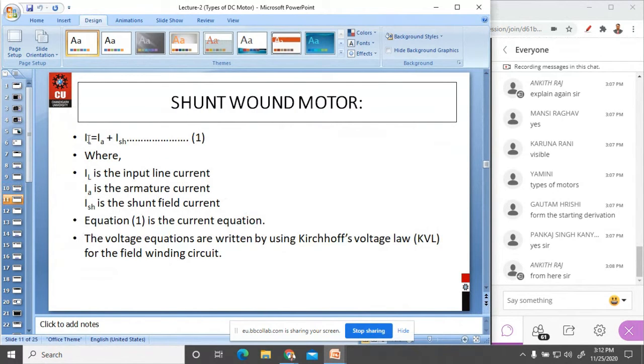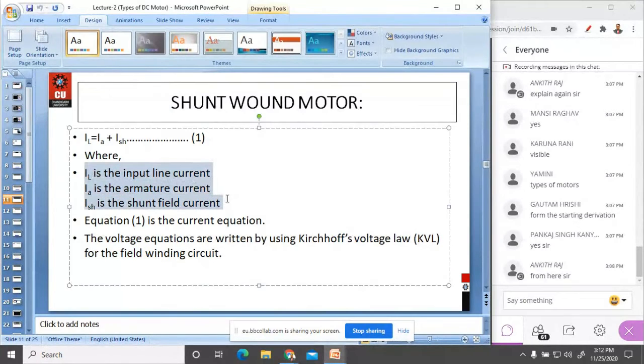How to represent the total load current? Load current is equal to armature current plus shunt current. We have represented the notation like this: IL is the line current, IA is the armature current, and ISH is the shunt field current.